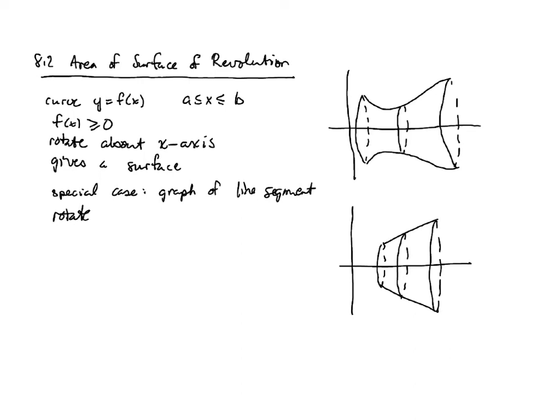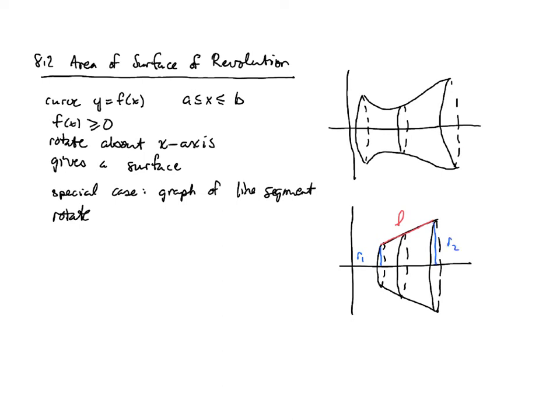And if we label some of the quantities in this picture, this line segment here, let's have that be length L, and then I have two radii to think about. I have this small radius here, which I'll call R1, and this large radius here that I'll call R2.